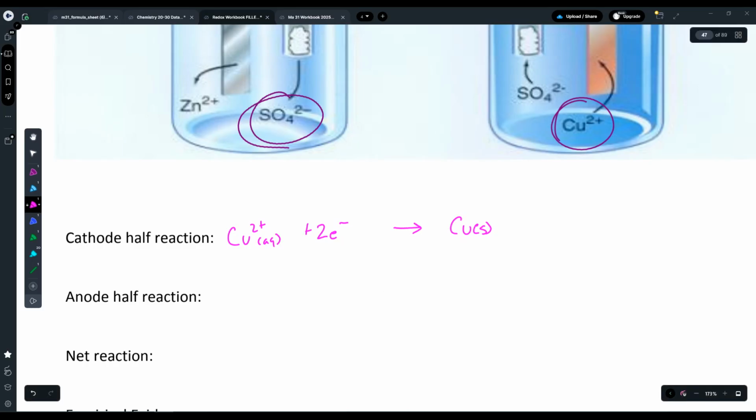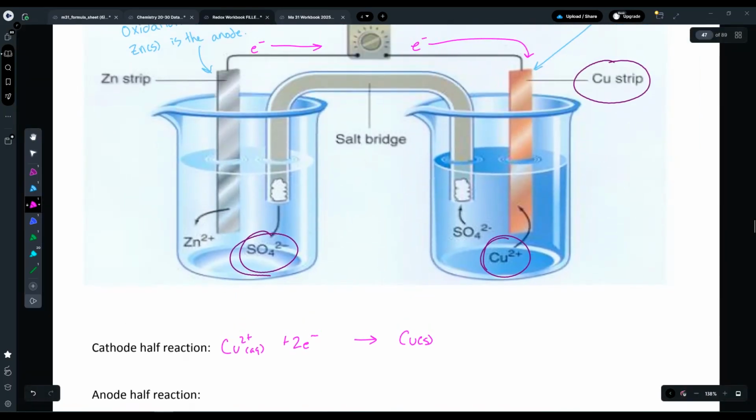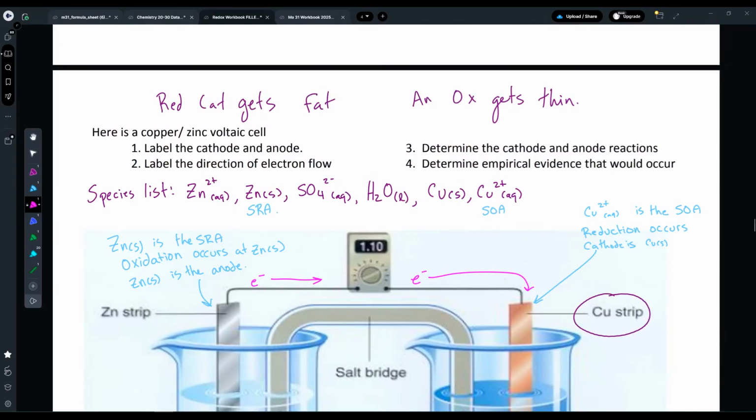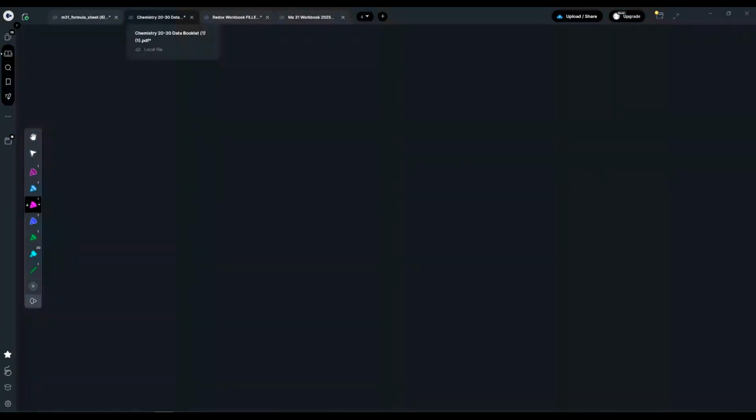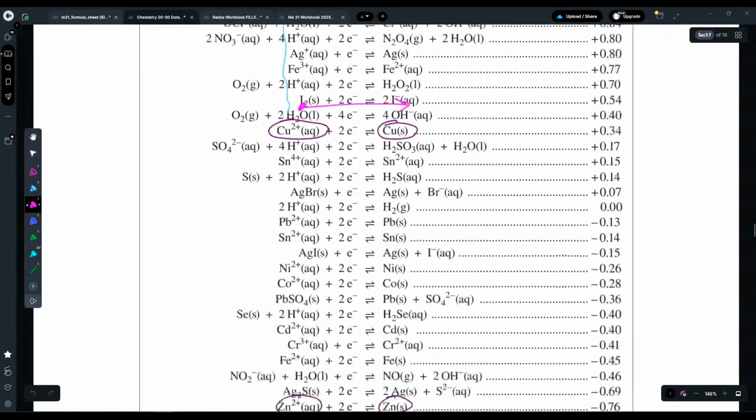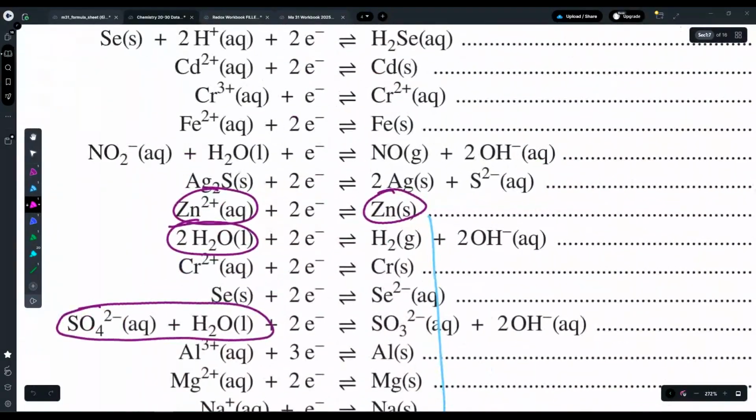Now for the anode half reaction, an ox gets thin, so this is going to be our oxidation reaction because oxidation happens at the anode. I'm going back to my SRA and let's figure out what that reaction was. How I'm going to write this reaction, I'm going to start from the right and go left. So we're starting at zinc solid and we're producing zinc 2+ and 2 electrons.